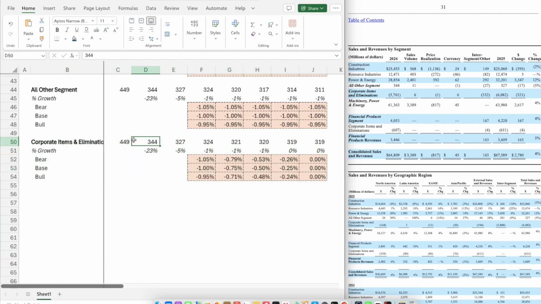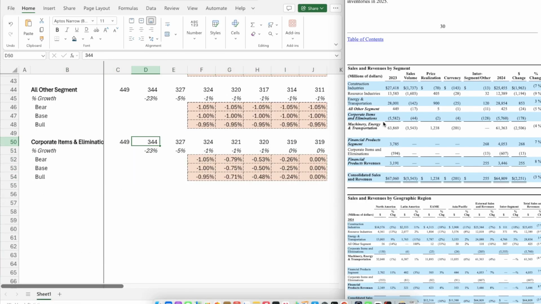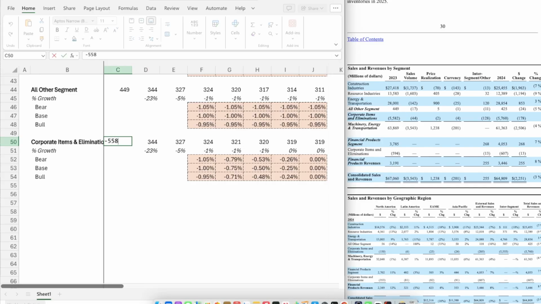Again, this one we just go negative 5 billion. Negative 570.